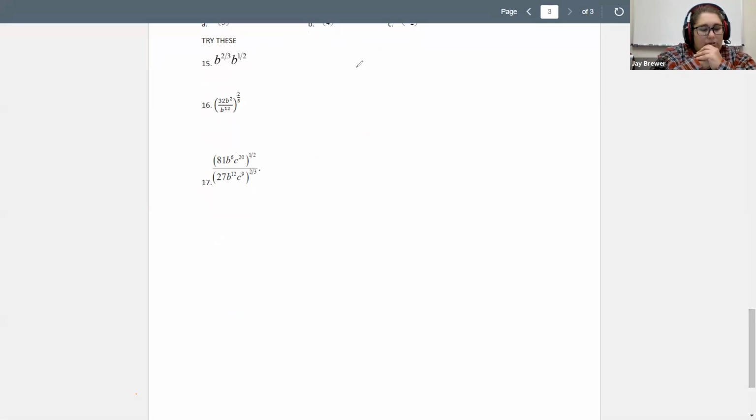B to the 2/3 times B to the 1/2. Now, don't go getting all kinds of crazy with, well, we've got to do a cubed root and a square root and everything. Ideally, what you want to do with these problems is make them the most simplistic they can be.